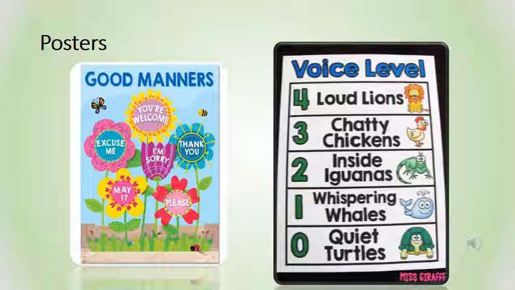So you can place a clipper on the number, so whenever you want the students to be quiet, you can place the clipper on number 0. That means the class cannot make any voice, they have to keep silent and do their assignment. When you come to games where they can make loud voices, you can place the clipper at number 4.